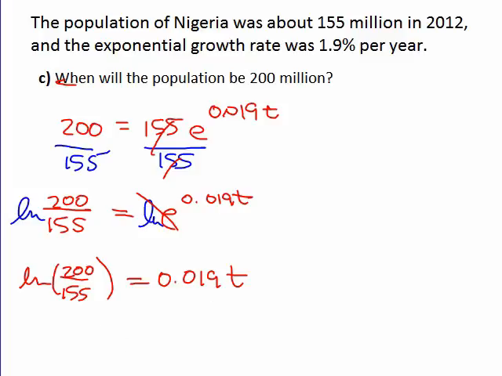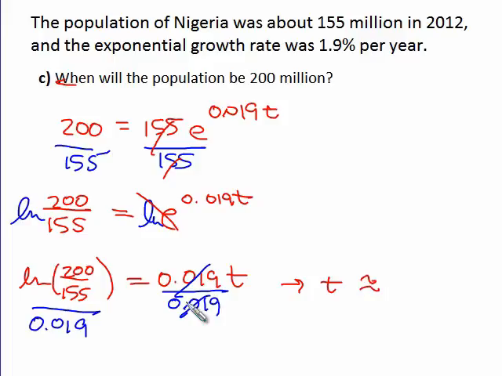So then the final step would be divide both sides by 0.019. Now I'm going to be ready to type it in my calculator, because I have all the numbers on this side and t is left alone here. So I end up with t is approximately, typing this in, we get about 13.4, which is about 13.